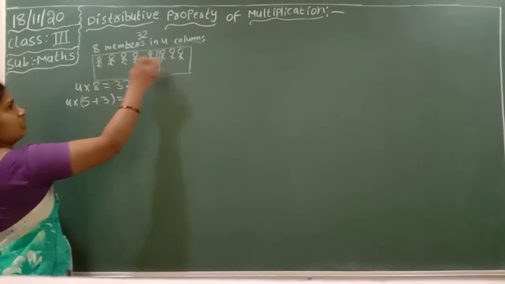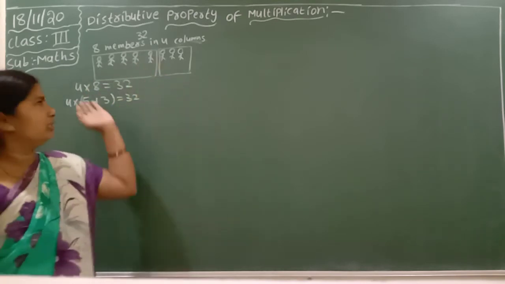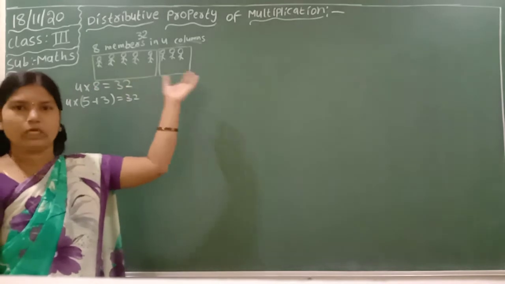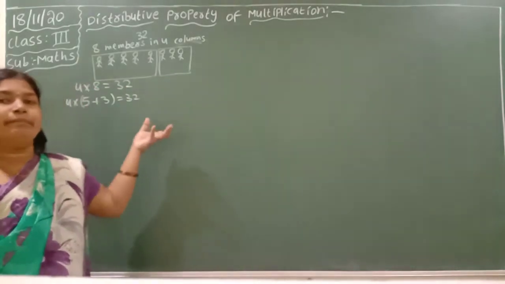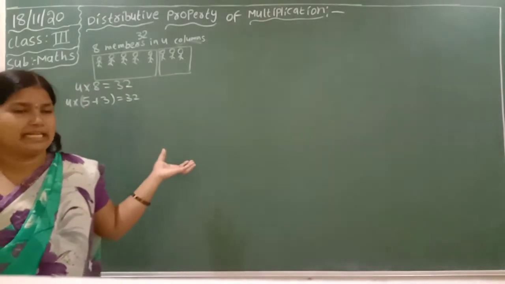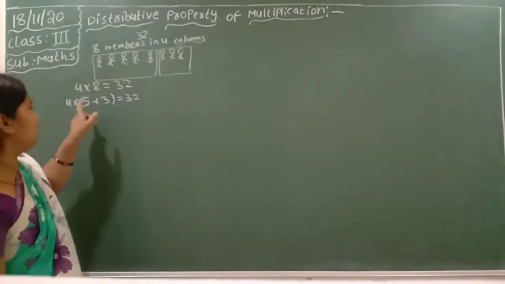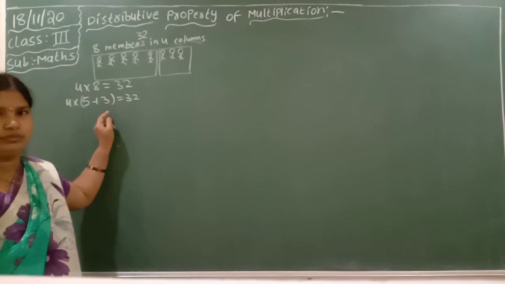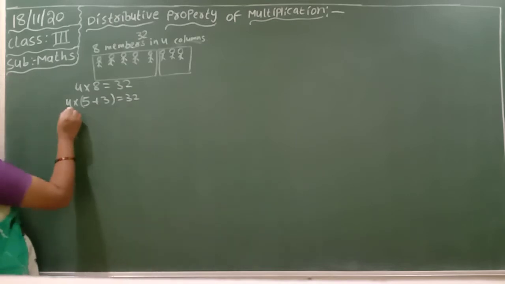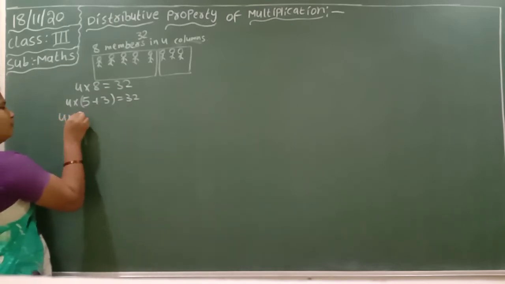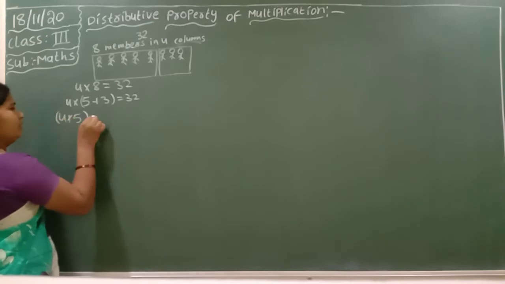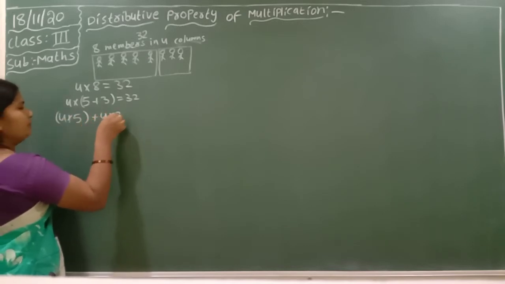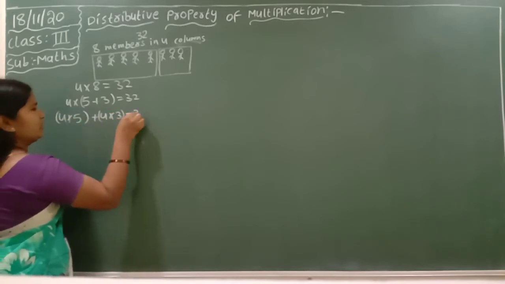Here the rows, columns are common. Column means like a sleeping line. Columns are common, but I am separating the children. First 5 children in group 1, next 3 children in group 2. Okay. Now you can multiply.